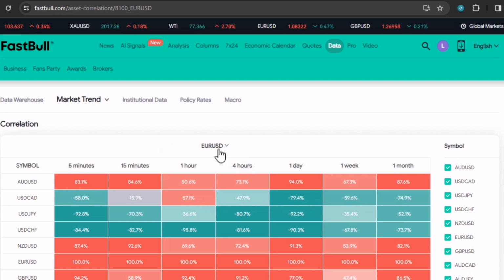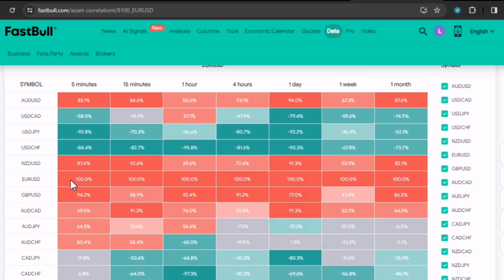If you have a very good buy opportunity on Euro USD, then it will make a lot of sense for you to also buy GBP USD here, because you have a correlation of 94%. If you have a good buy entry here, you don't have to analyze GBP USD, you just buy.